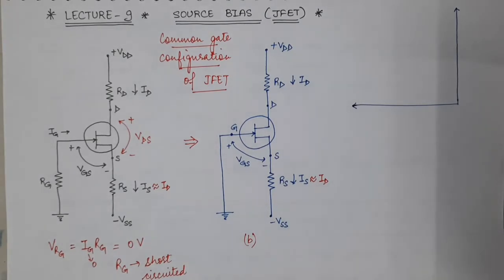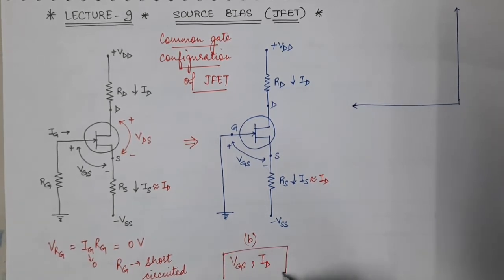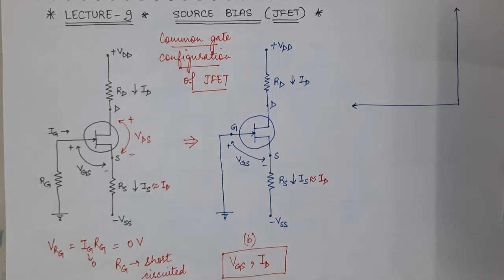So now to find the proper operating point or Q point, we need the value of VGS and ID. We need to find the value of these two. How will we find the value of these two? By applying Kirchhoff's voltage law to the loop.